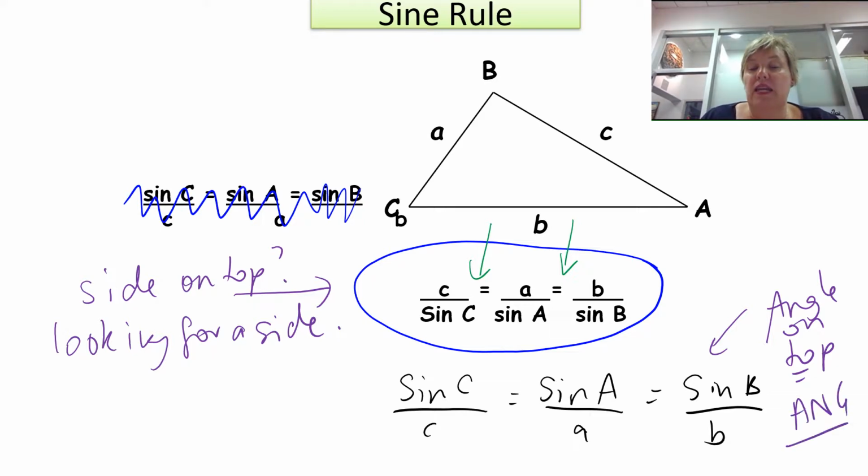All right, as quick as that. If you use the wrong version, there's not a problem. You won't get a wrong answer, but it's just a little bit harder to manipulate. In other words, you've got to do about three algebraic steps to get it right. The best thing is that if you do get it wrong, you can simply flip the whole thing over before you try and solve it.